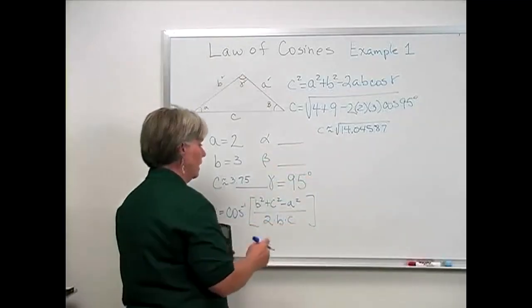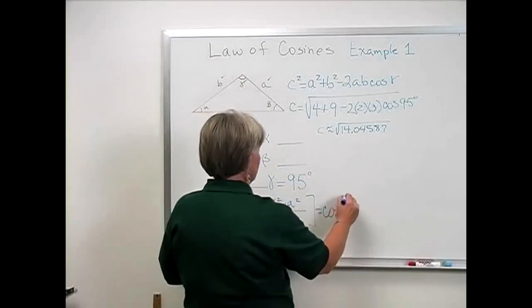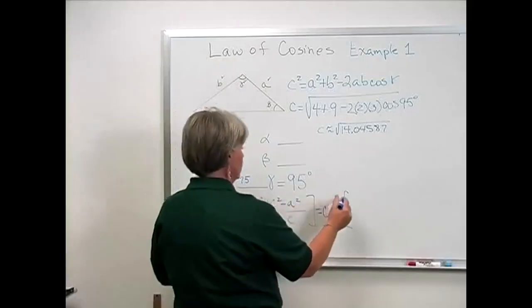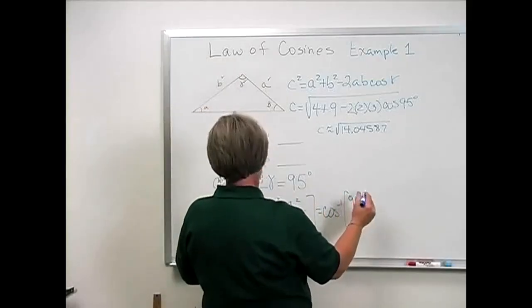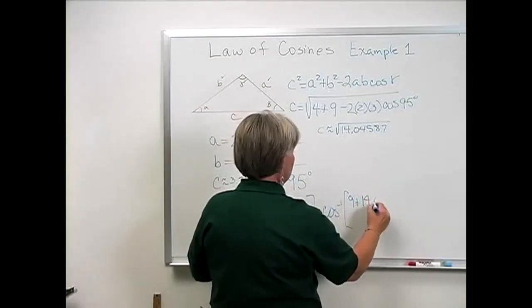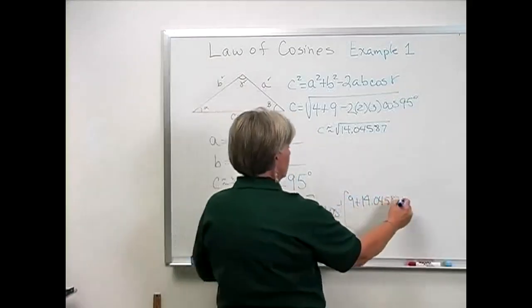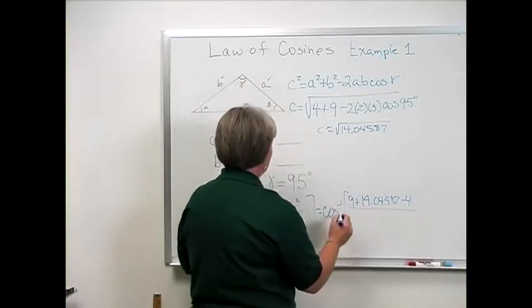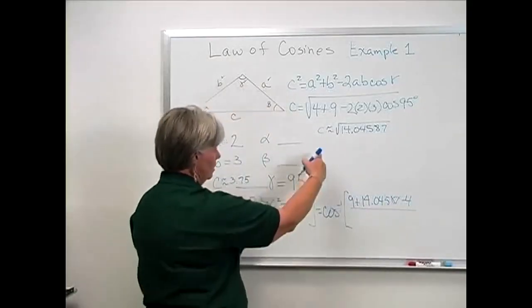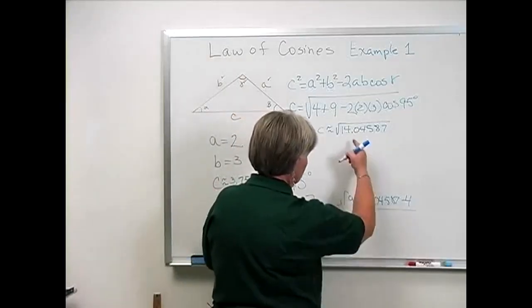It's a lot to enter in your calculator, but you have to be careful. So this is cosine inverse of B squared, which is 3 squared, 9, plus C squared, which we'll use this approximation, minus A squared, divided by 2 times B times C.